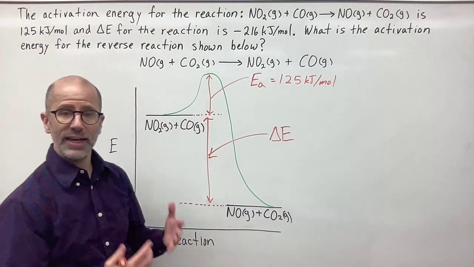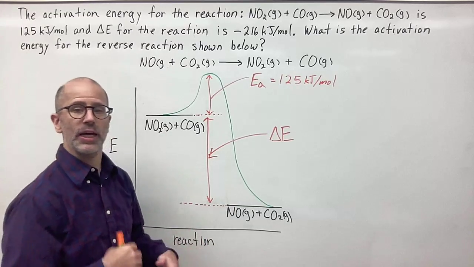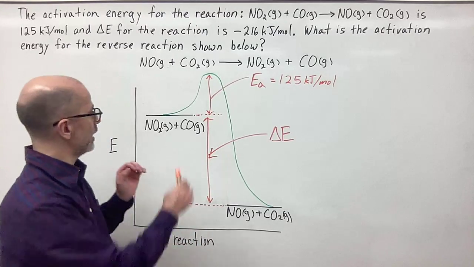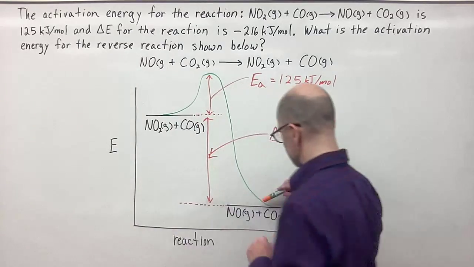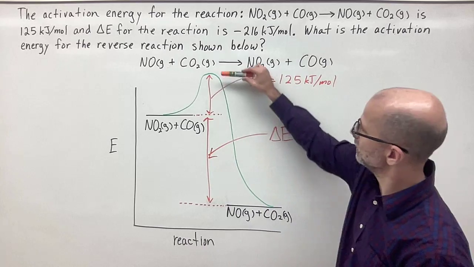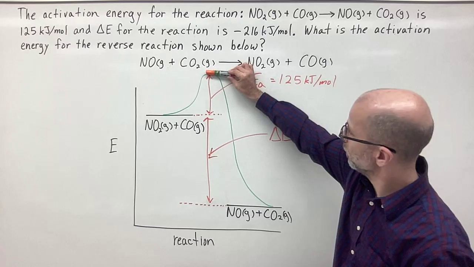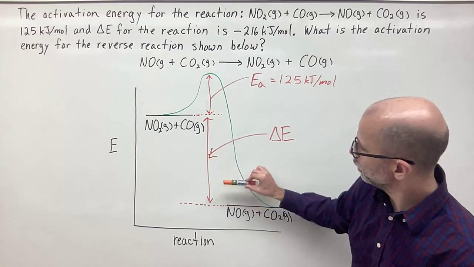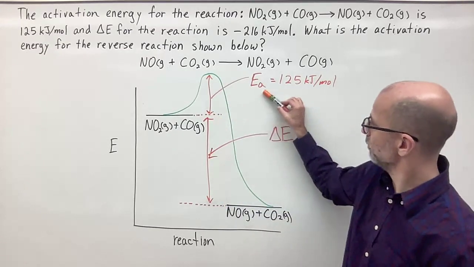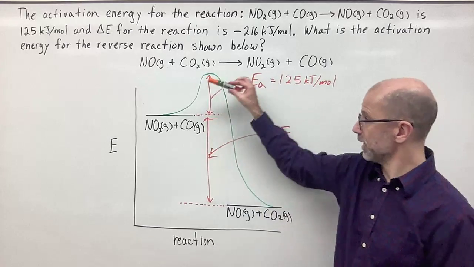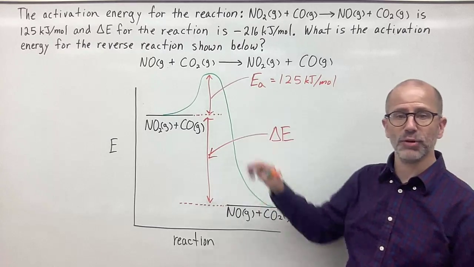Well, remember, again, the activation energy is the hill that has to be overcome in order for the reaction to go. Here's the hill for the forward reaction. But notice now the hill for the reverse reaction is from this level up to here, and you can see that it must be the delta E that we have plus the activation energy of the forward reaction. So these two added together would be the activation energy of the reverse reaction.